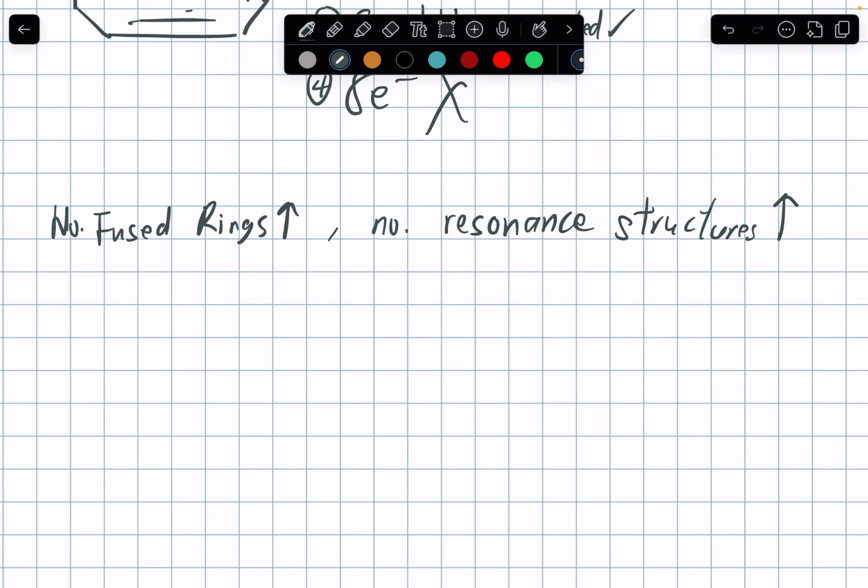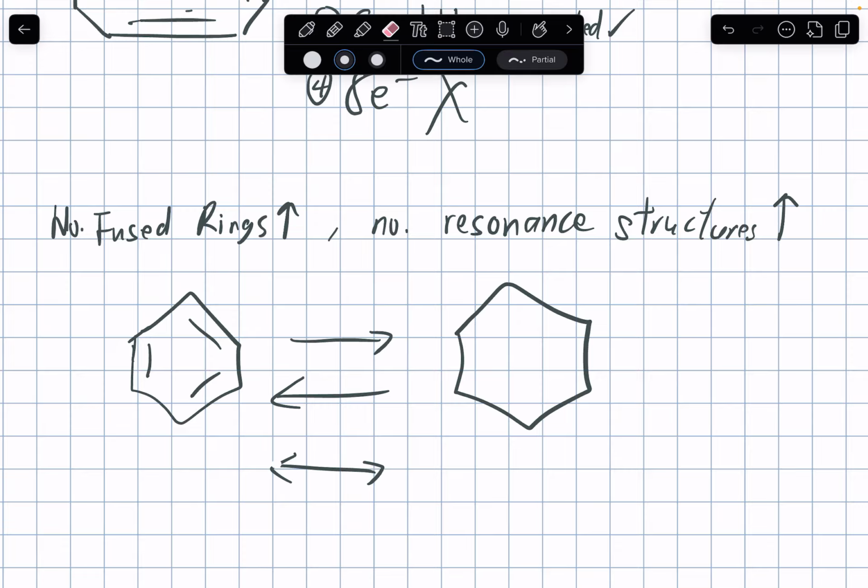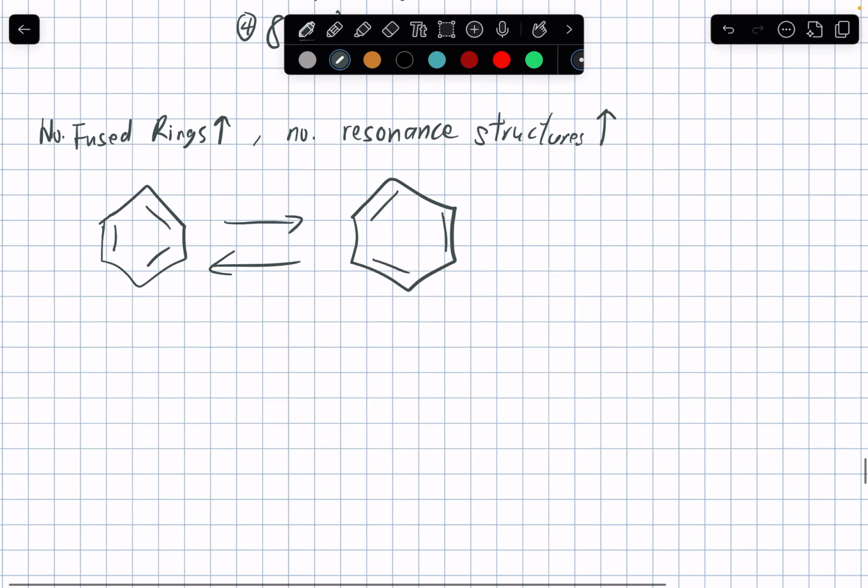Let's try to apply that knowledge. So this is one resonance structure of benzene. The other, by the way, the resonance arrow, from what I have seen, this is one of them. You can also rewrite it as this. Either way, it's the same. Another is this, no? So that is for benzene.